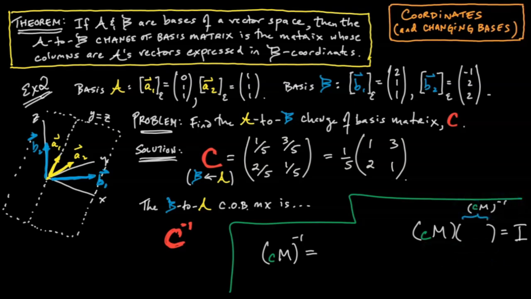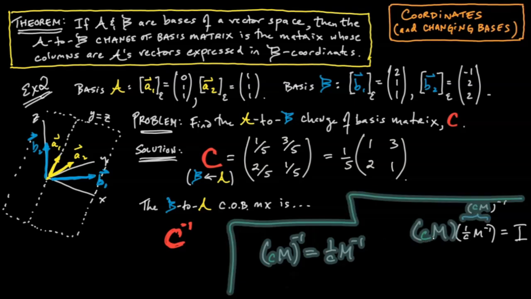Well, a little thought shows that 1 over C times M inverse will do the job, because when I multiply all this out, we know that scalars can be pulled through multiplications like this, so that all this stuff on the left could be written as C times 1 over C times M times M inverse, and of course C times 1 over C is just 1, so that factor disappears, and M times M inverse, of course, is the identity matrix. So yes, this all ends up multiplying out to give us the identity matrix, which means that 1 over C times M inverse is, as we said before, the inverse of C times M.